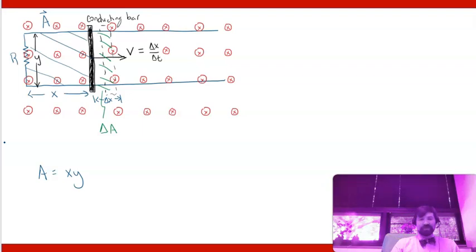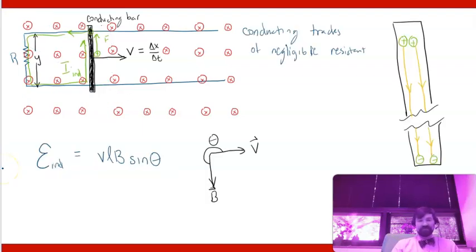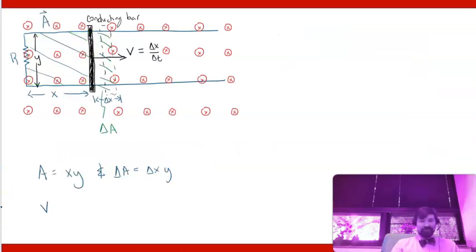Area is x times y, and delta area, therefore, is delta x times y. And so if I were to reframe this induced EMF, I've said that it's VLB sine theta. Remember that V is defined as above as delta x over delta t.